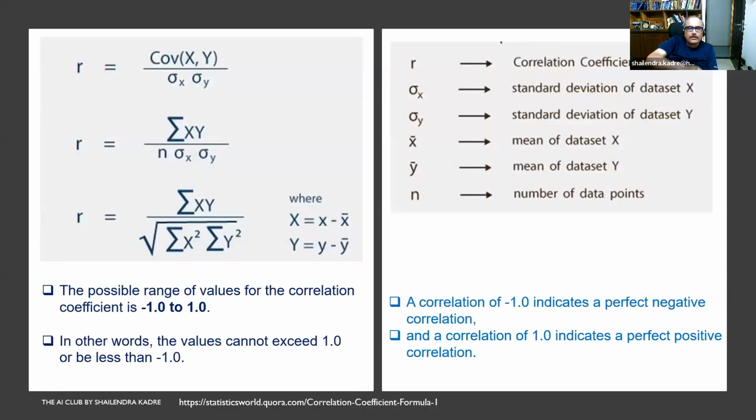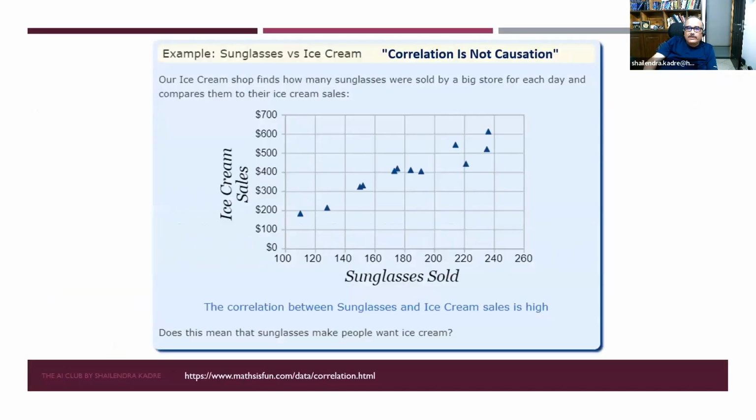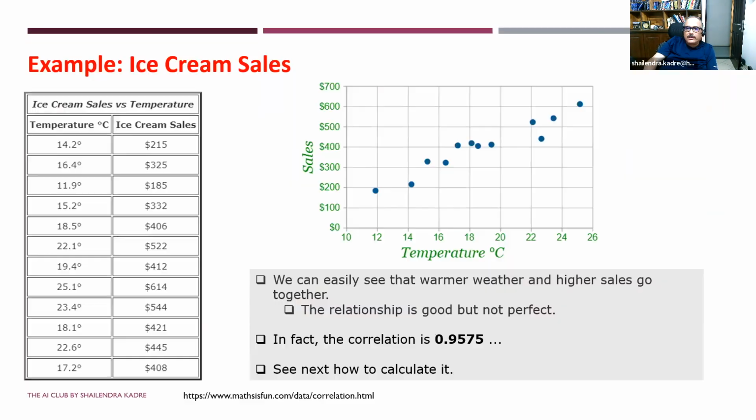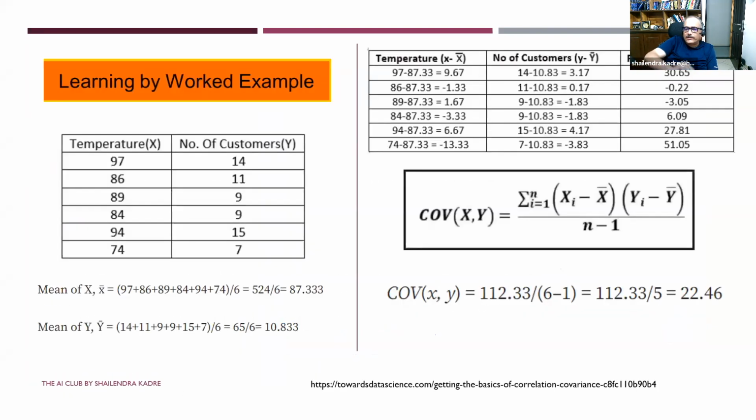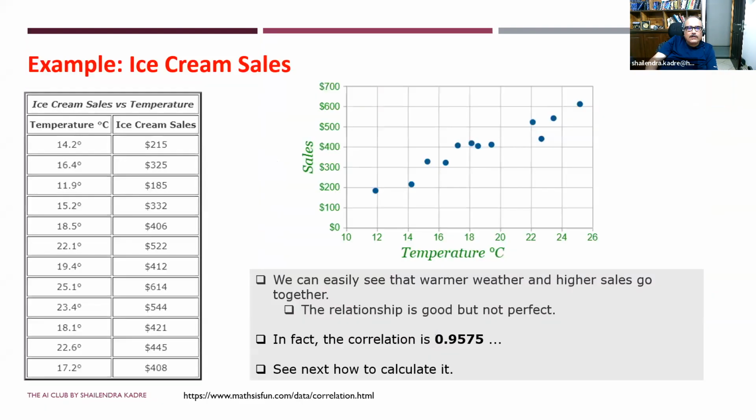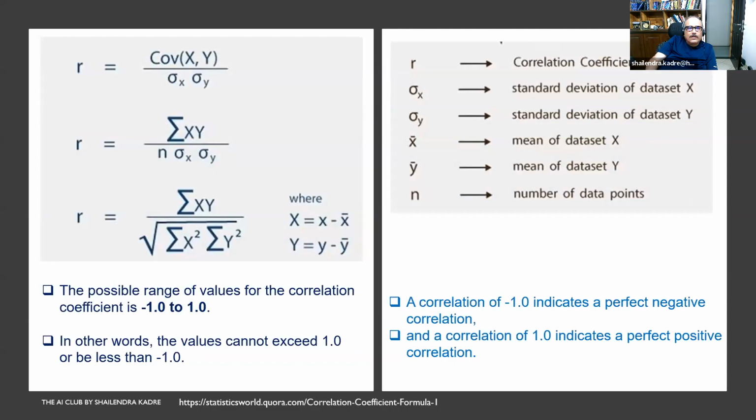See, this is the formula. First you calculate the covariance. See the top formula. You know how to calculate covariance, right? Here we have calculated covariance for this relationship. It will be some big positive or big negative number.